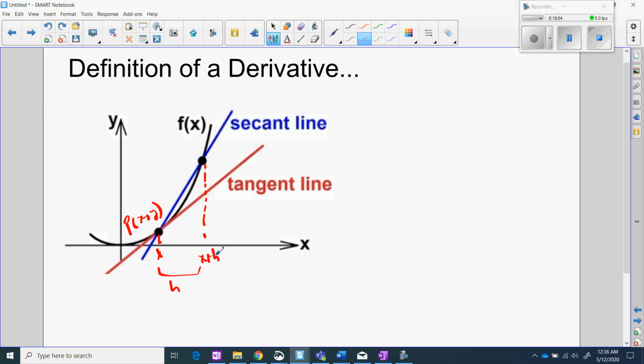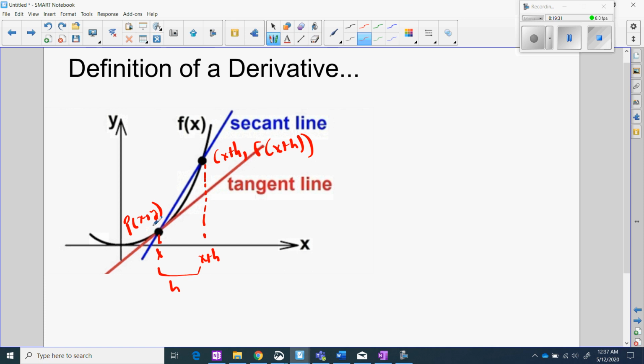Okay, so if I take this point and fill it into the function, I'll get an ordered pair. Now this is where function notation comes in. So this ordered pair right here would be the x value, x plus h, and the y value. The way you get the y value is you fill the x value into the function. So it would be f, the function, whatever it is, evaluated at x plus h. That's the y value at that x value.